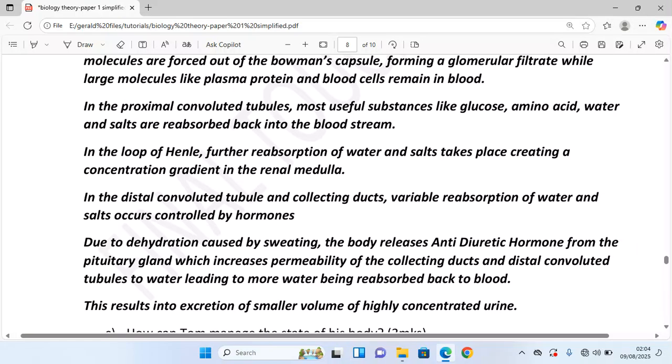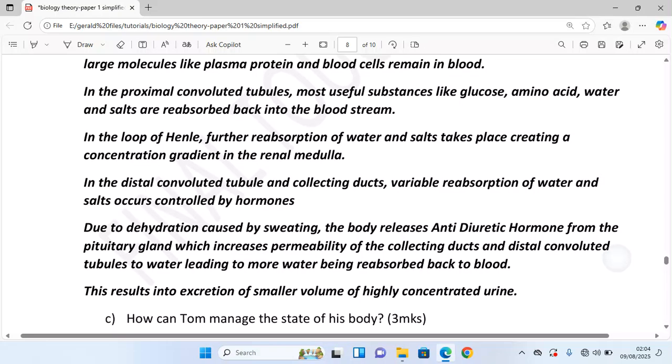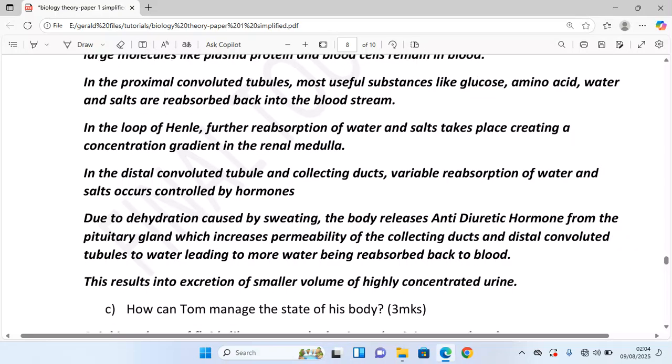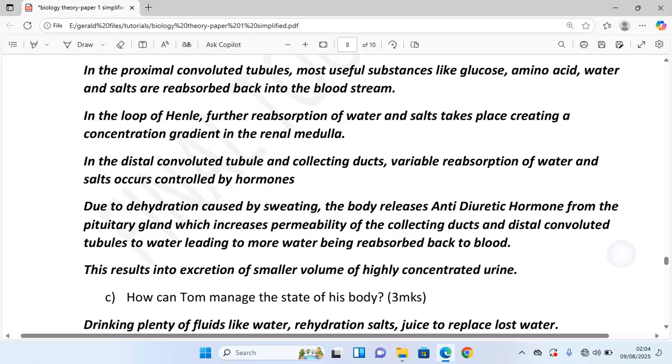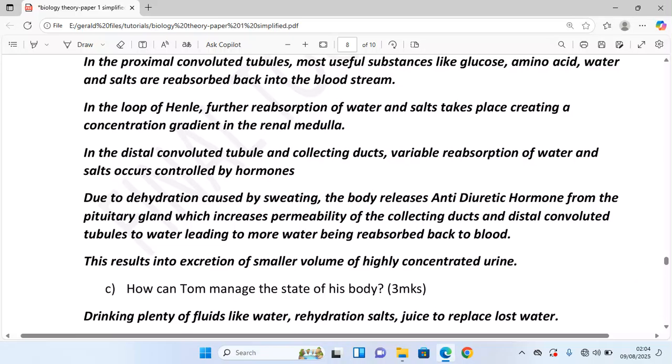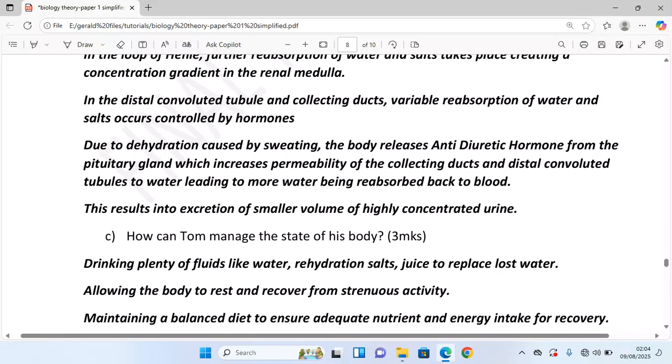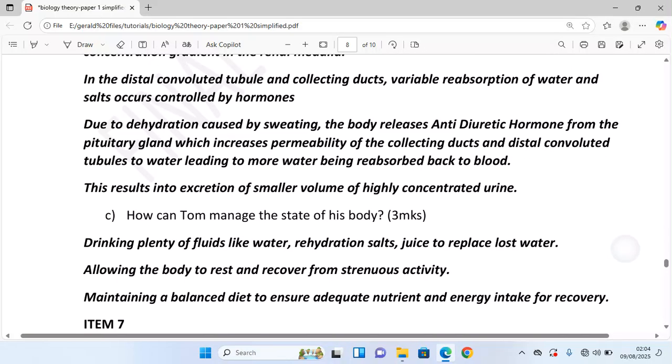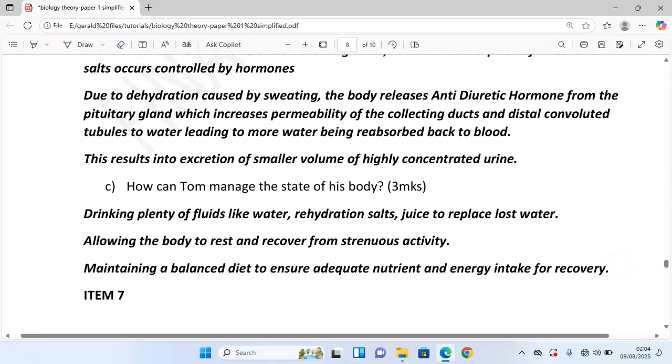So, in the loop of Henle, further reabsorption of water and salts takes place, creating a concentration gradient in the renal medulla. And in the distal convoluted tubules and collecting ducts, variable reabsorption of water and salts occurs, controlled by hormones.